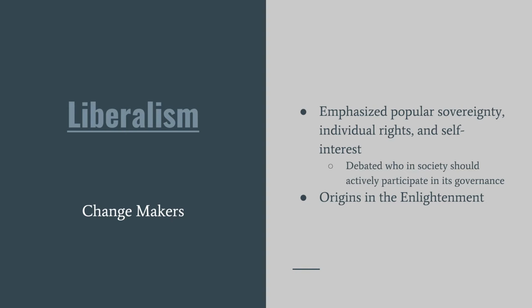We see that liberalism has its origins in the Enlightenment, starting to think of including your average everyday people in government. We see liberals emphasize popular sovereignty, or more people having votes in government. They emphasize individual rights and self-interest.